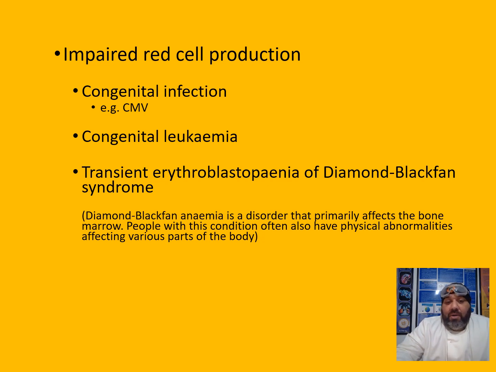There can be congenital leukemia as a result of impaired red cell production, and also transient erythroblastopenia, and something referred to as Diamond-Blackfan syndrome, which is specific to pediatrics and young people, with a particular form of hematological abnormality.